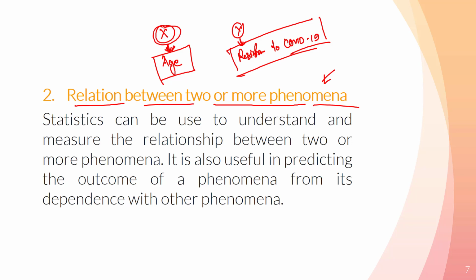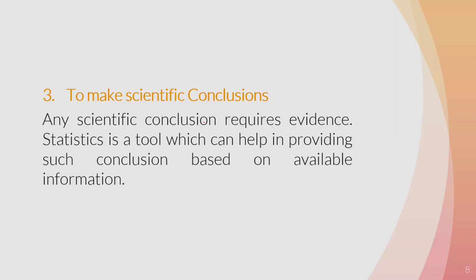So age and resistance to COVID-19, if you want to see how they are related to one another, then statistics can help you to understand the relationship between them. It will help to measure the amount of relationship, and you will also understand the nature of the relationship, whether they are directly proportional, inversely proportional, etc. All of them are done by statistical tools. That is your second reason why you should learn statistics.